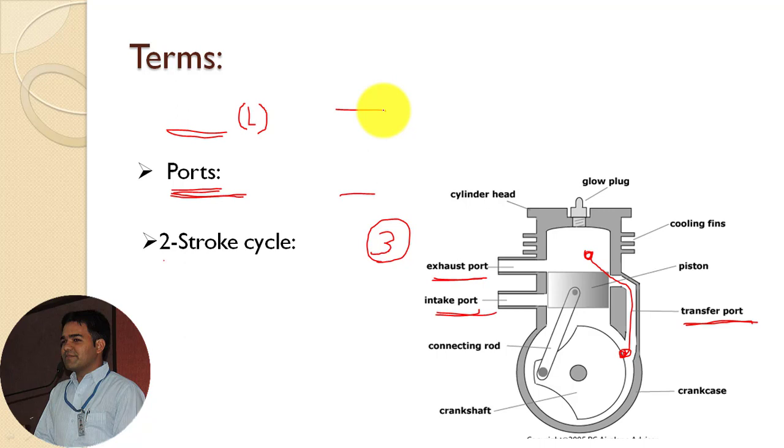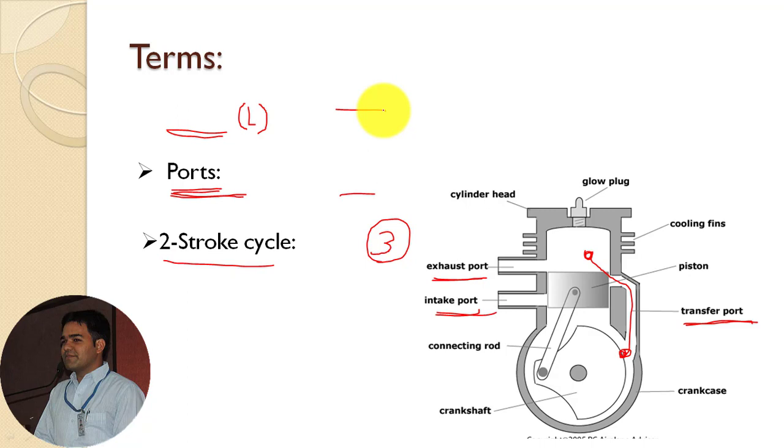Now, let's discuss the two-stroke cycle. In the case of our four-stroke engine, as I have already explained in my previous video, all four processes of the power generation cycle, suction, compression, expansion and exhaust, occur during the four strokes of the piston inside the cylinder.